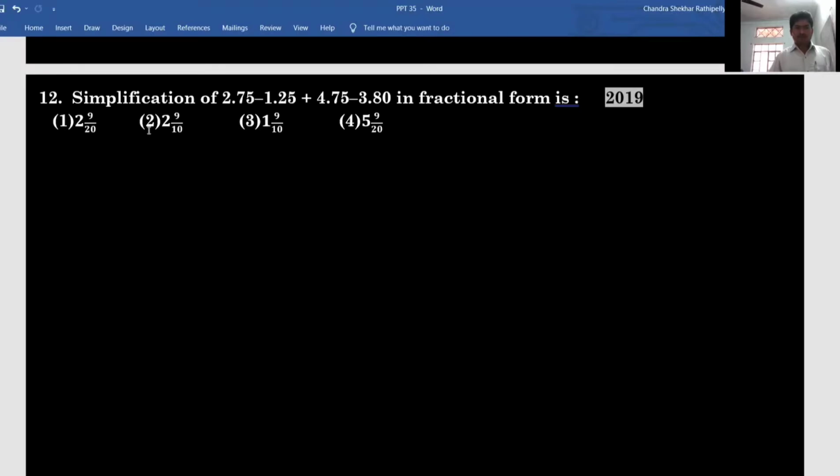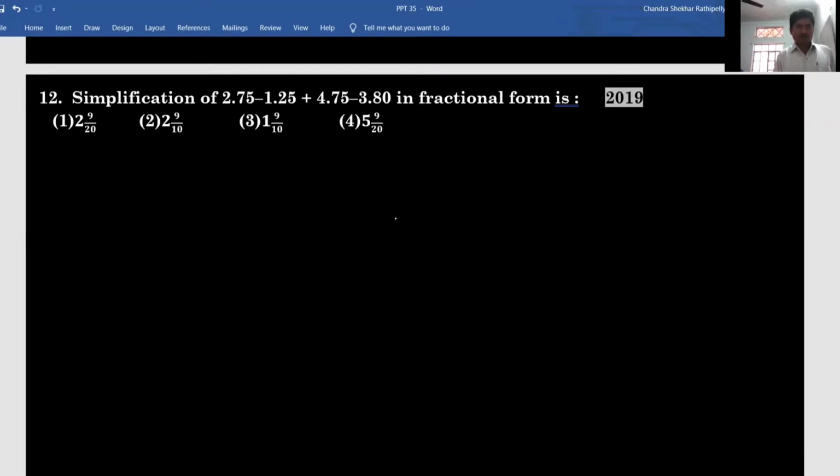Children, 12th problem: simplification of 2.75 minus 1.25 plus 4.75 minus 3.80 in fractional form. This is in decimal form. We have to simplify and convert into a mixed fraction.